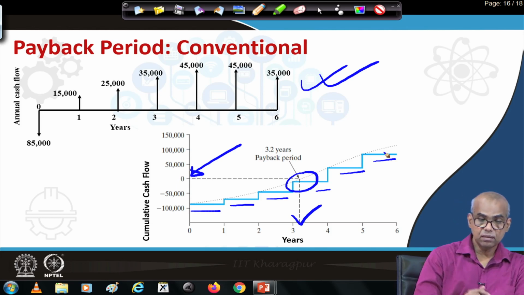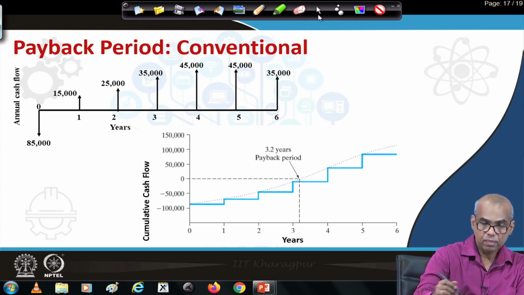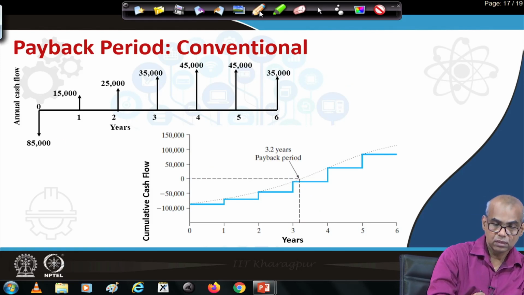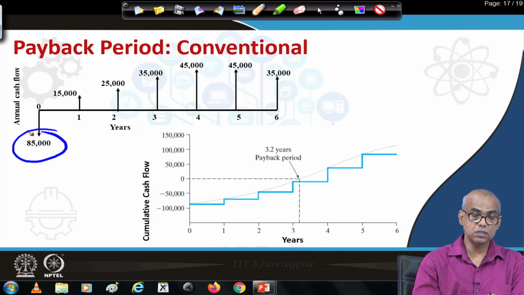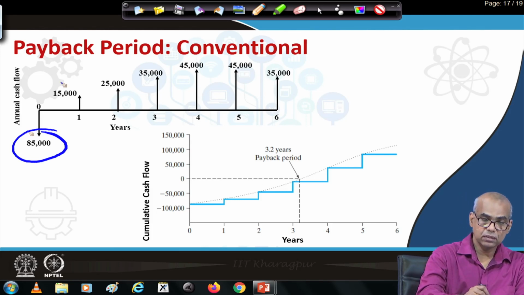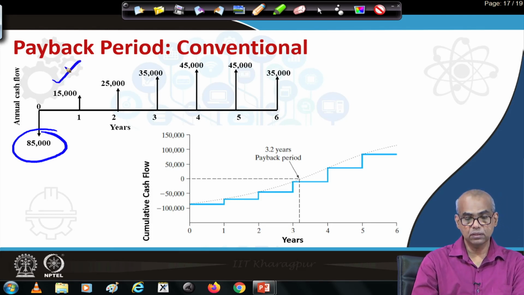So, initially you have a cost of 85,000. So, this is minus 85,000 cash flow, and at the end of year 1 you have 15,000 as positive cash flow. So, the cumulative position will be minus 85,000 plus 15,000, which is minus 70,000.